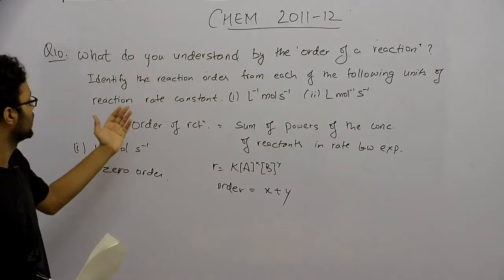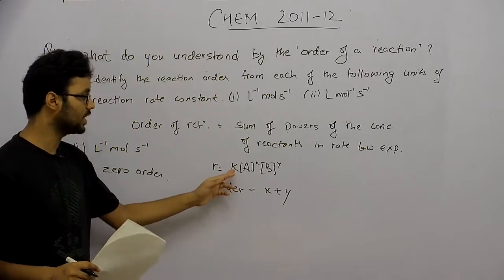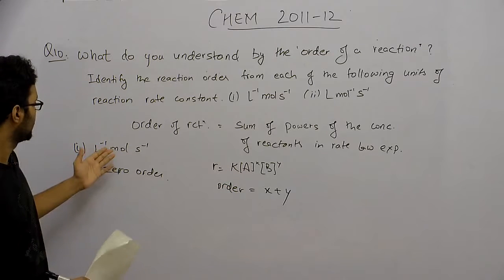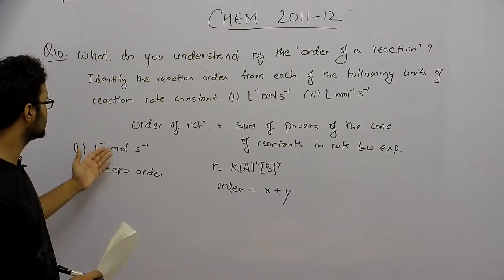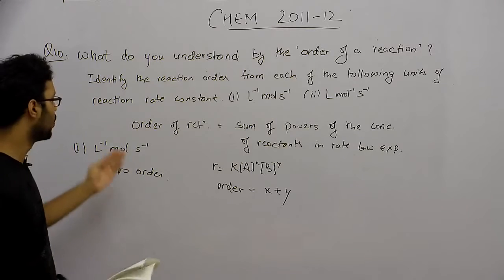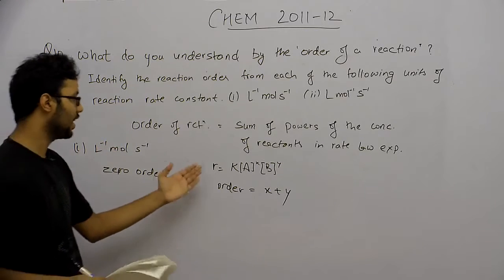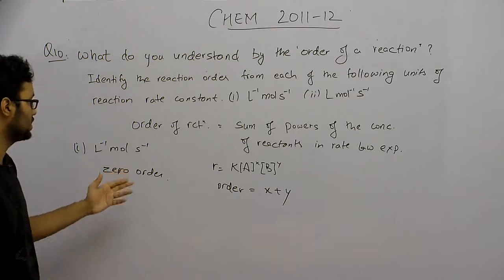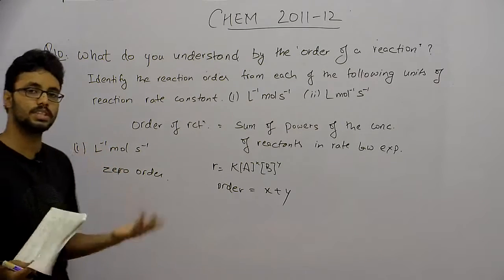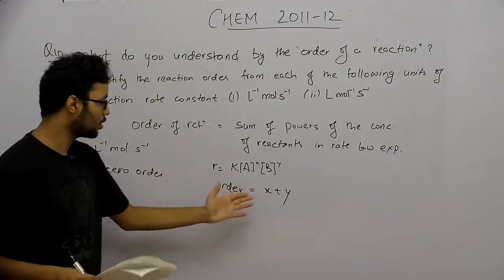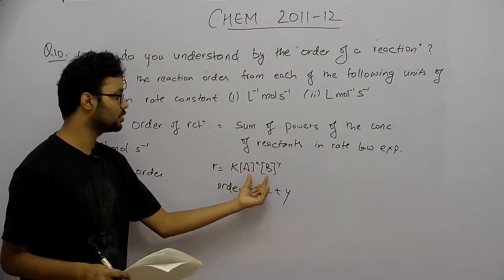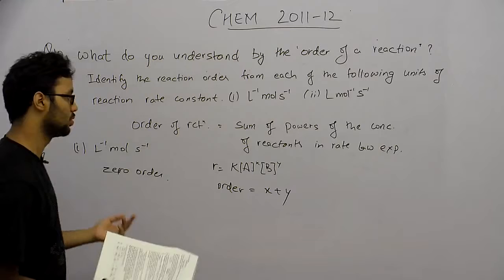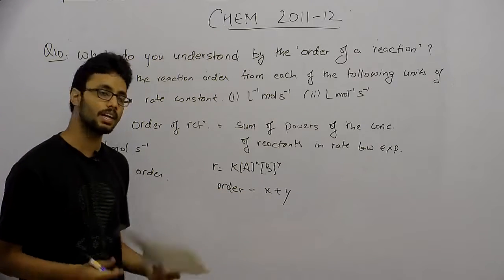Because the unit of rate constant K is the same as concentration, mole per liter, and rate also has the same units, mole per liter per second. So the order of reaction x plus y equals 0.